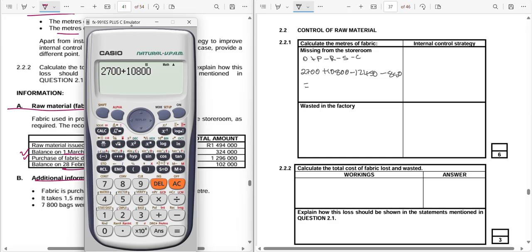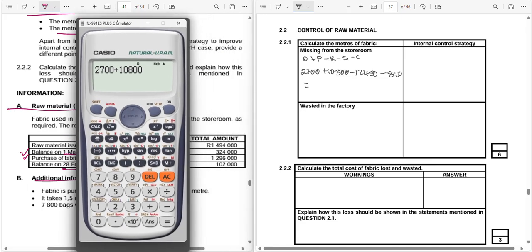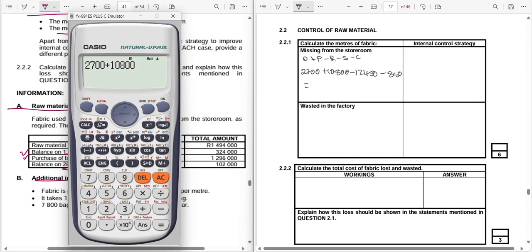I explained what is raw material issued to factory yesterday. So we add 10,800, our purchases. We say returns. We don't have returns there. Minus raw material issued. This is a formula. If we don't have sales there, you will have the raw material issued.